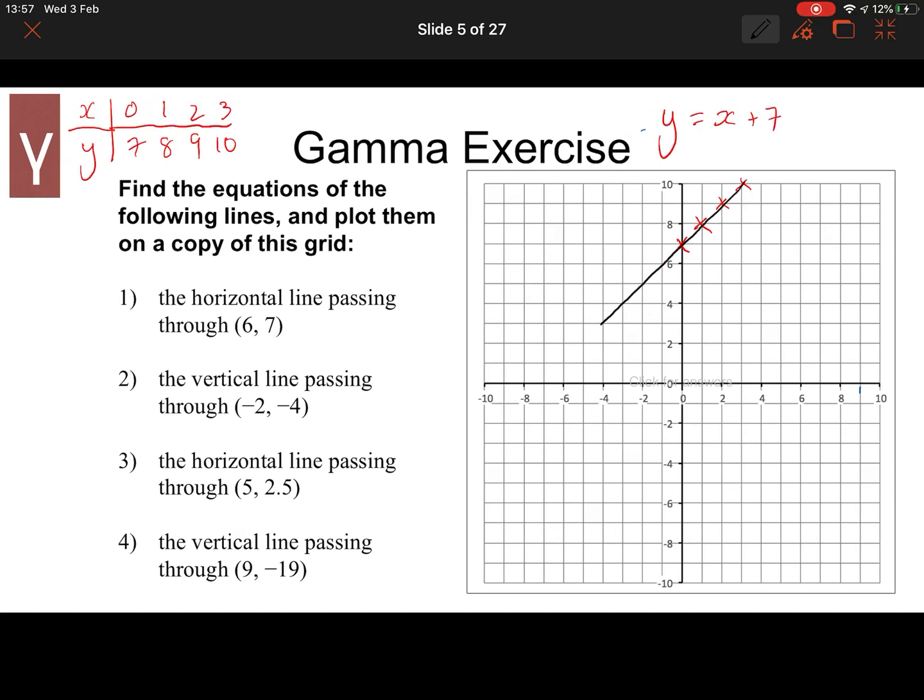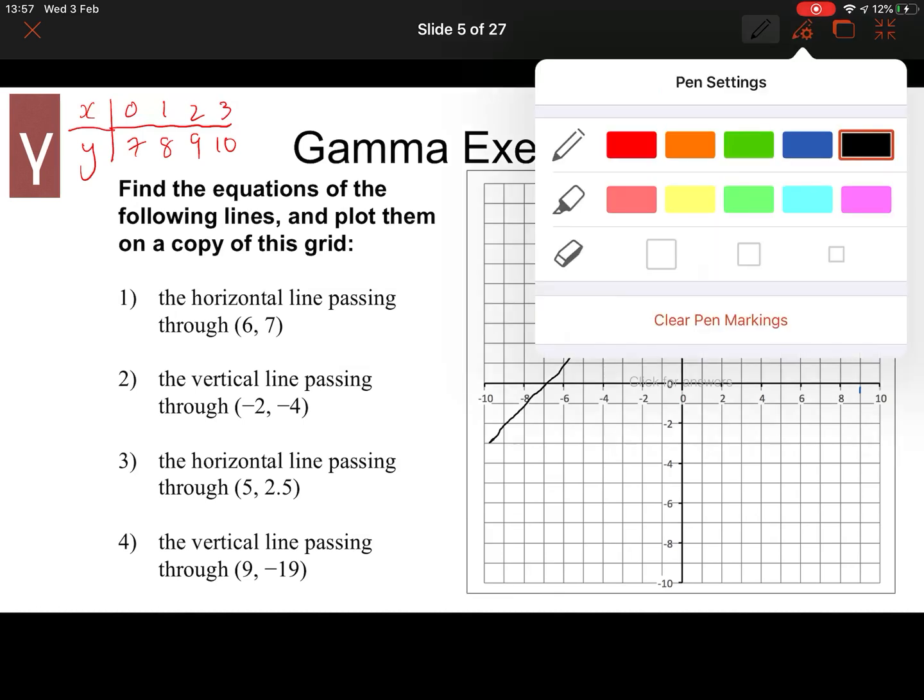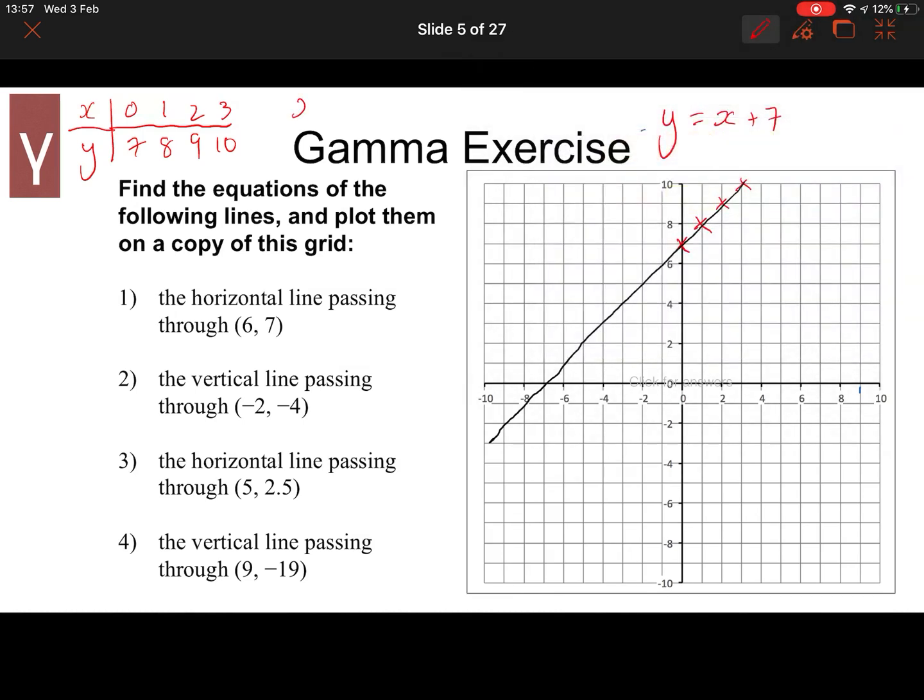Once you've got a few points, actually all you really need is 2, because it's a straight line, okay? Then you use a ruler and you can connect up that line. And remember that the line actually can go on forever and ever. Because remember, I could have picked different points. I could have said, what if x is equal to -4?